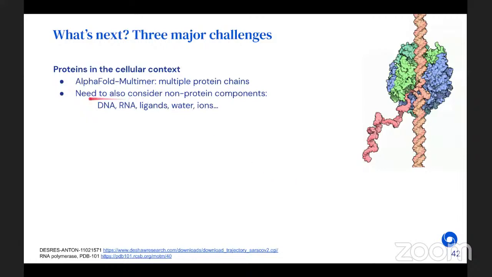So as a first step, we have released AlphaFold Multimer, which can predict the structure of multiple chains. But there are also non-protein components like DNA, RNA, ligands, waters, ions, and all of them are important for understanding proteins. And on the right, you see RNA polymerase, which reads off the DNA and outputs the corresponding RNA.